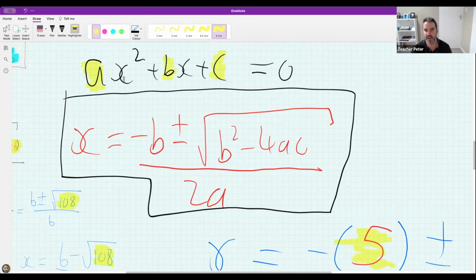Then once you have the numbers a, b, and c, you can simply put them into the quadratic formula. Inside the quadratic formula is something called delta, which is the bit inside the square root. And the moment you know what delta is, you know quite a lot about what the final roots will be. And that is it for today.